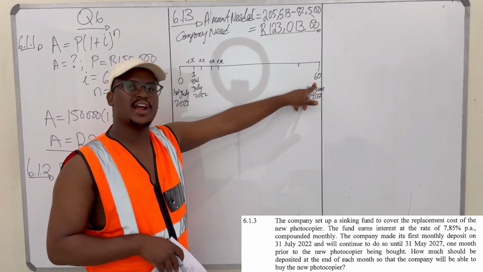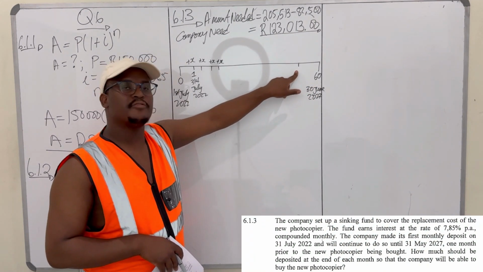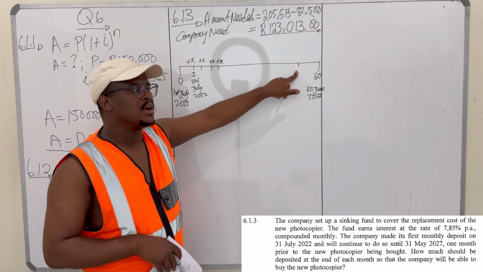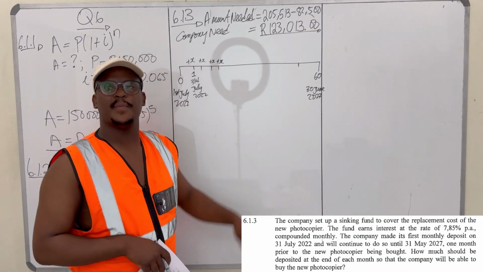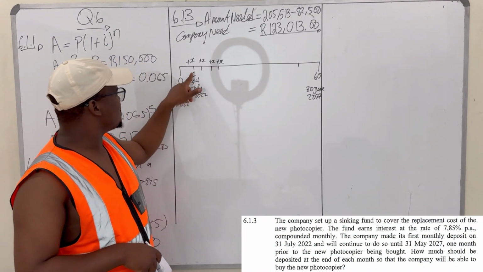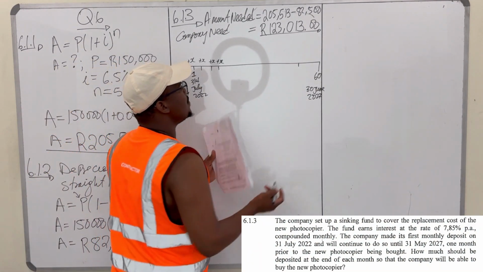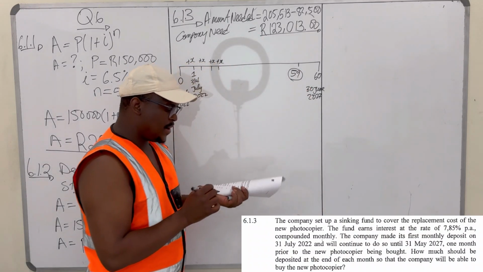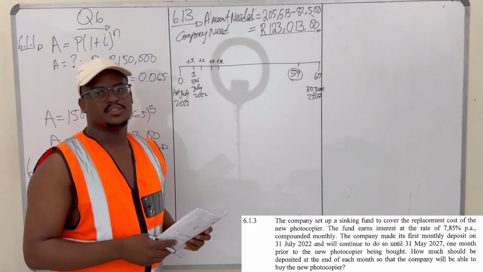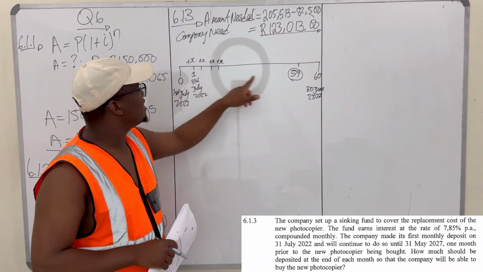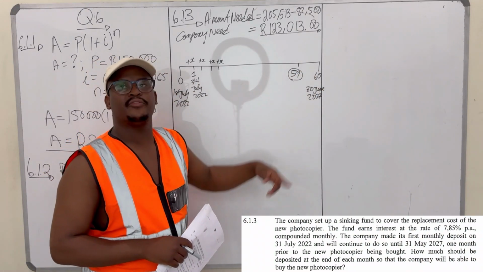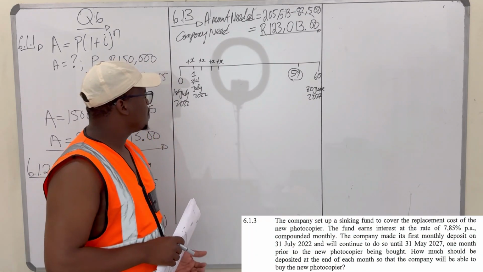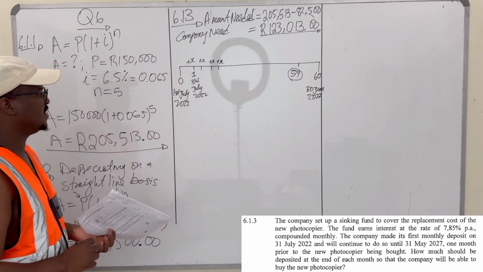Now, the question would be, at this point, how many payments were made? It's obvious. If he was making the first one here, the one that he will be making here will be the 59th payment. So our friend made a total of 59 payments in the account. The first one was made here, and then the last one was made there, which was 1 month before the new machine was purchased.